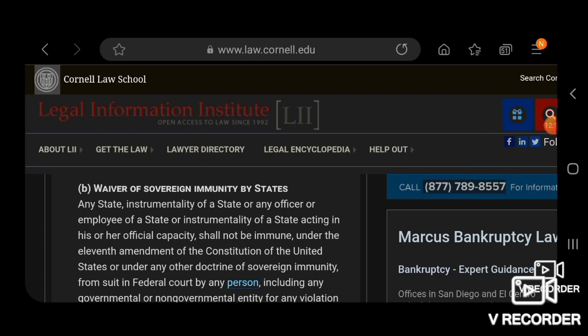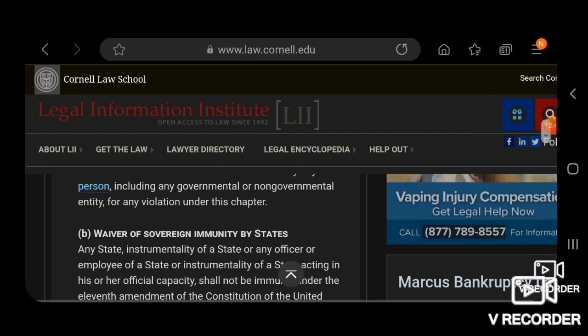And it's not arguing about the state's ability to police. The nature of the argument is that the state enriched itself commercially, financially, off of a trademark. That is how you activate the commercial activity exception of Title 28, Section 1605A2.